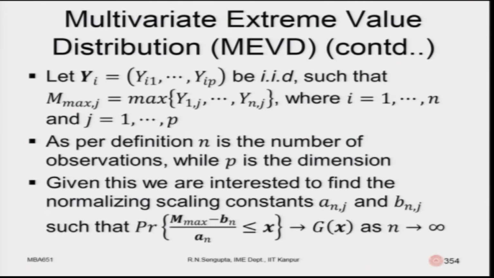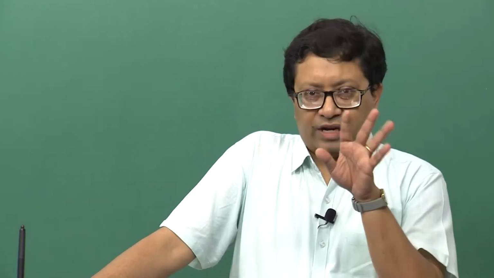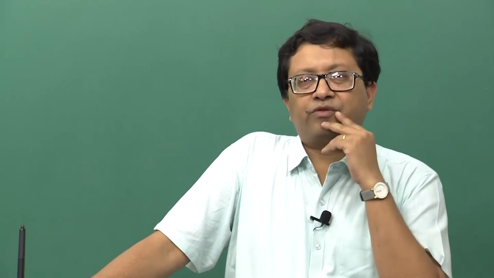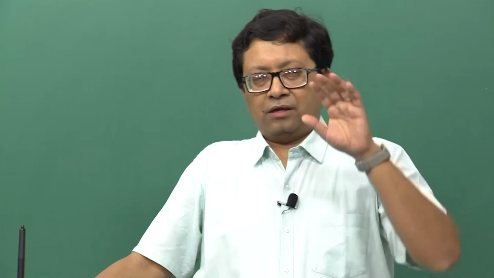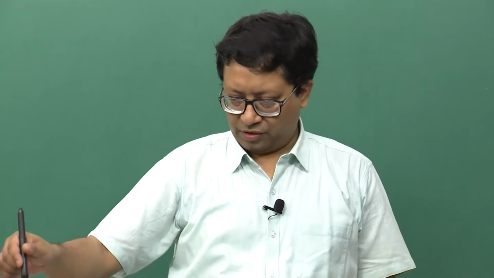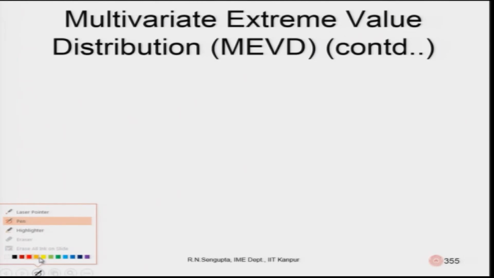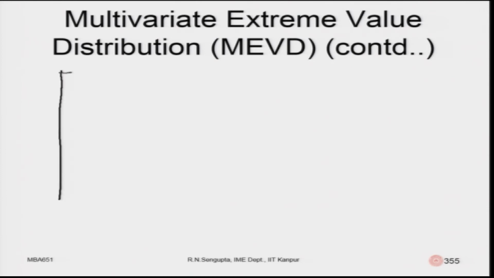In a very simple case, without going into the details of the formula, consider a univariate case. This example will hopefully make things clear. Consider you have a data set, and the values are marked x1 till capital N, whatever the values.